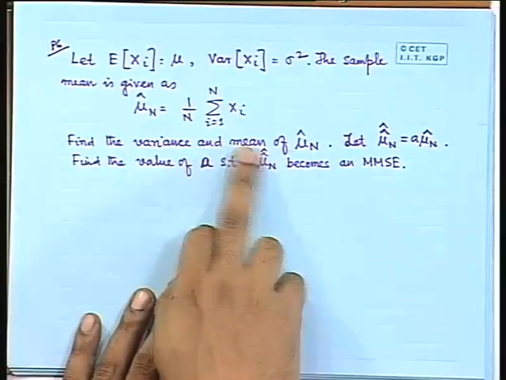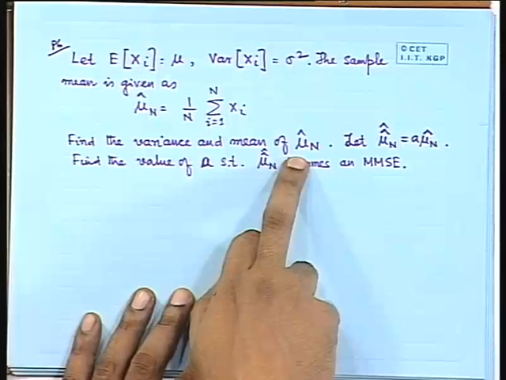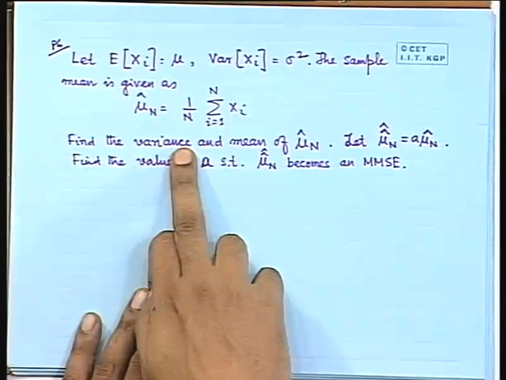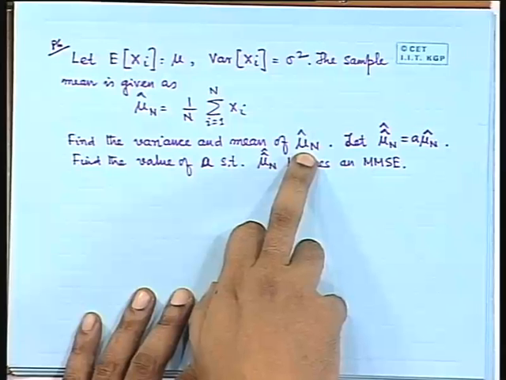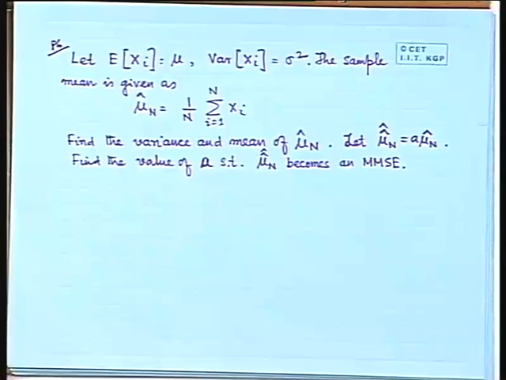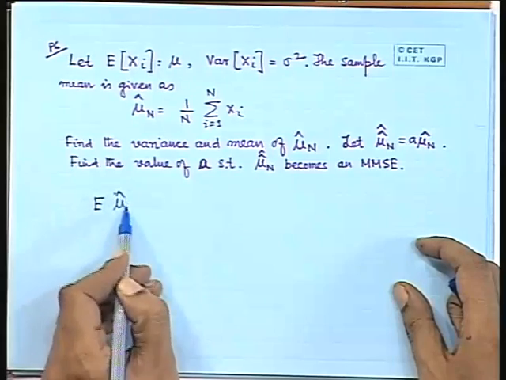One way of finding that out is to find the mean and the variance of this random variable. This is a derived random variable. So what is the mean and the variance of this random variable? That is very simple to find. For example, you can easily find the expectation of mu hat n.